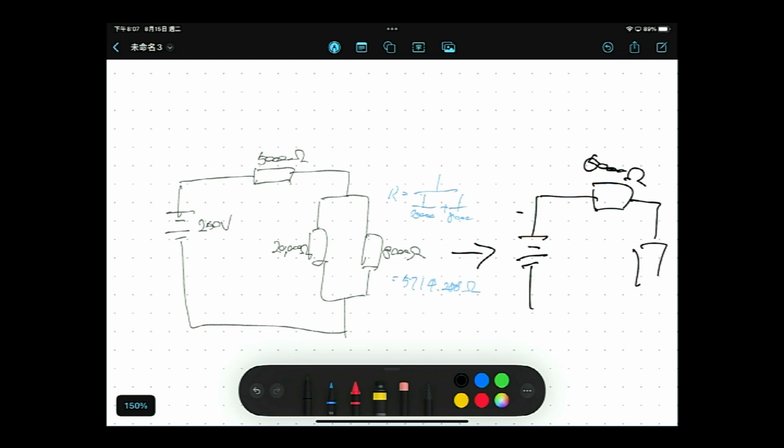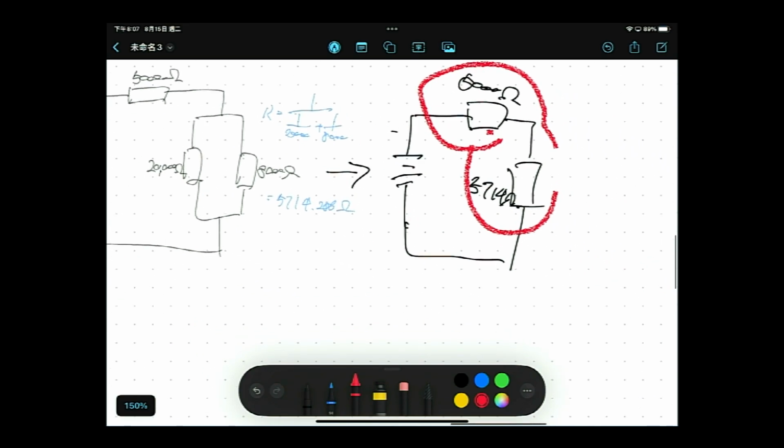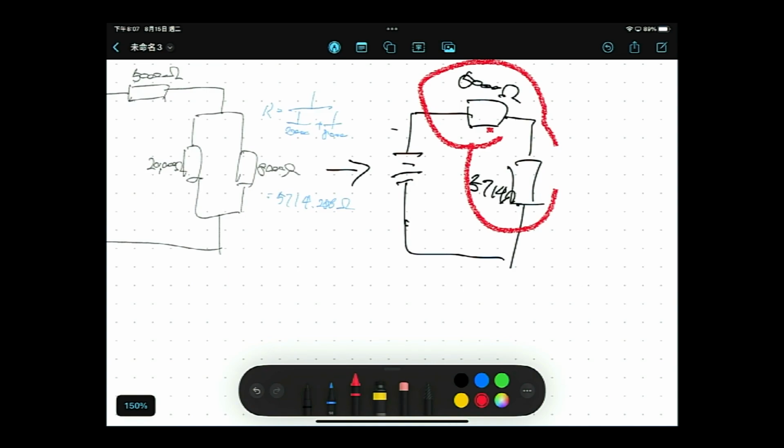And you can change the circuit into this one, which is 5714 ohm. Okay, easy, huh? So these two resistances, 5,000 and 5714 ohm, are connected in series. So how do you calculate resistance in series?